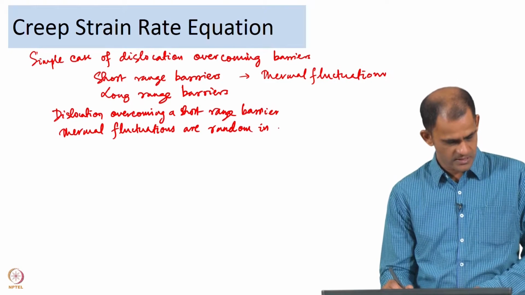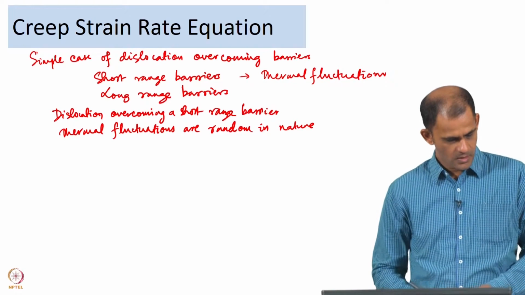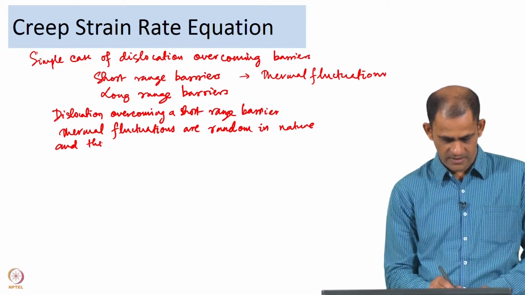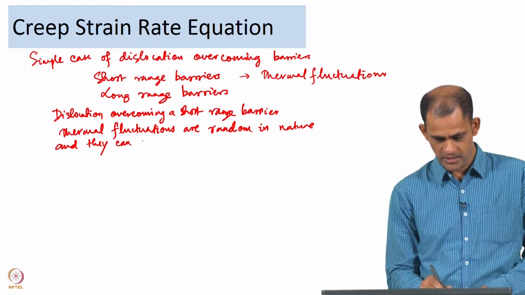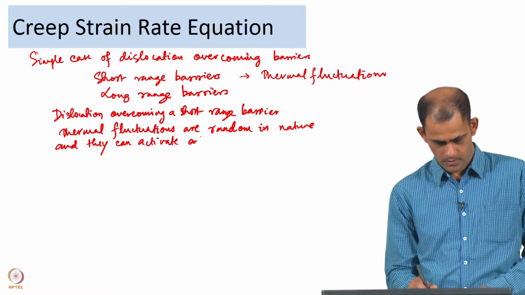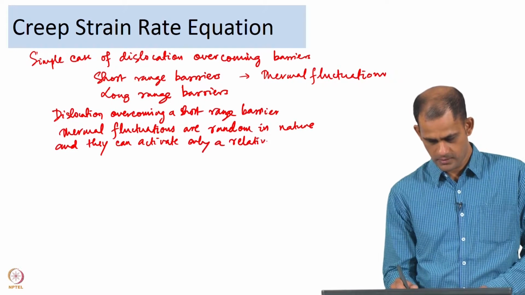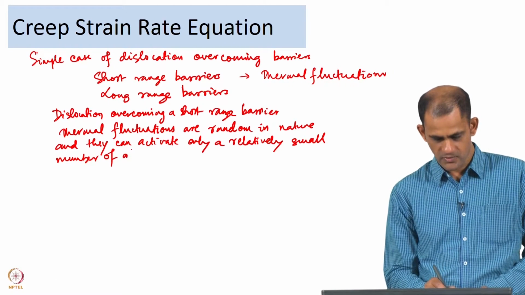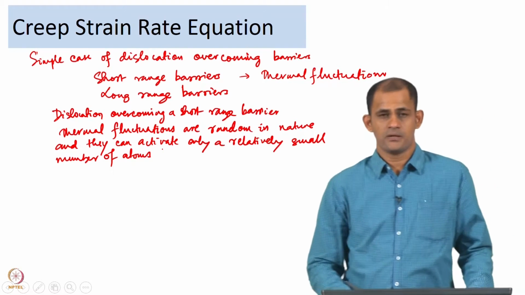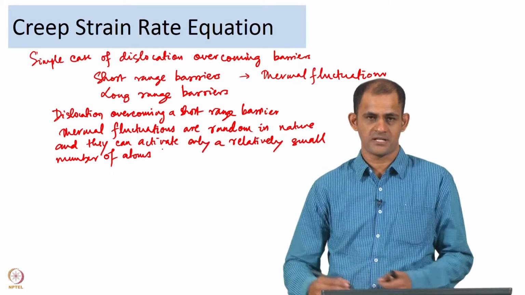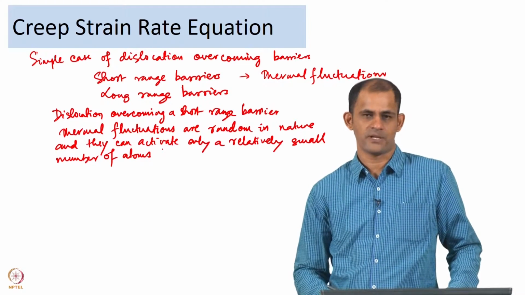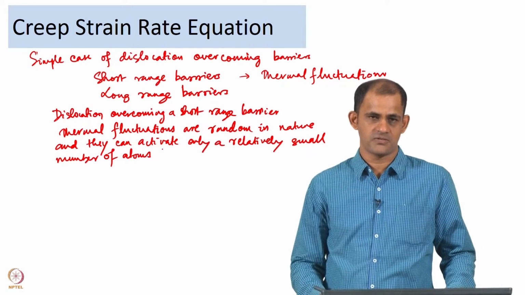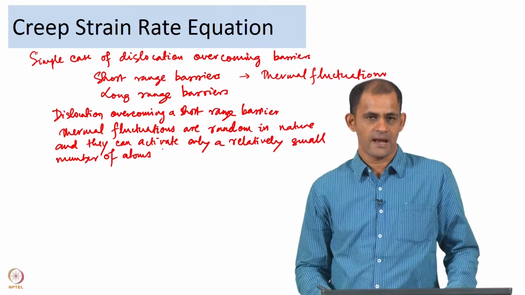So, it is a stochastic process, and the thermal fluctuations can activate only a relatively small number of atoms, and that is why it is a short range barrier, right, because short range barriers are those where the atomic distances involved are typically a few atomic diameters, maybe a couple of atomic diameters or 5 atomic diameters, whereas when you talk of long range barriers you are talking about distances which are significantly larger, maybe 300 or 1000 atomic distances.